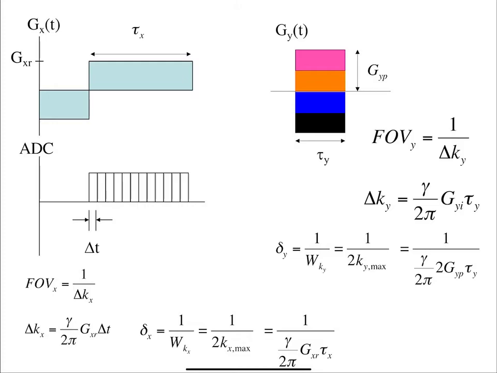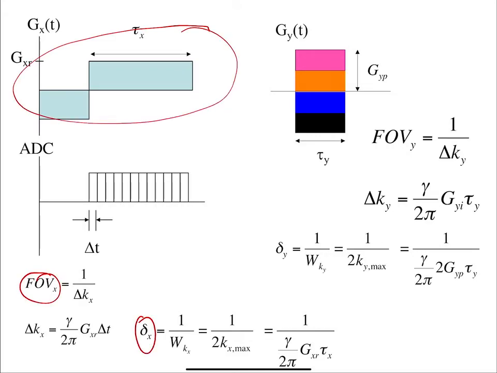So basically, the GX gradient depends on FOV of x or delta x, right? So if FOV of x determines my delta kx, my delta kx is just my GXR times delta t, okay? So that's the area of one of these increments. And then my delta x is the width, so it's basically how far do I go in k-space from one end to the other end.